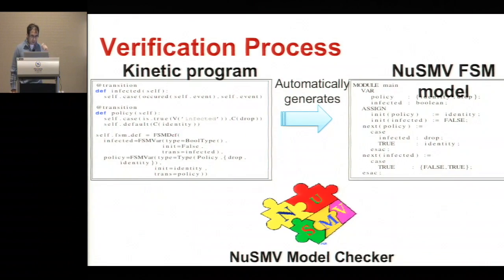The nice thing about the way that we designed that is that we did most of the work on the left before we even realized that, I'm not a formal methods person, so I didn't even know NuSMV existed.